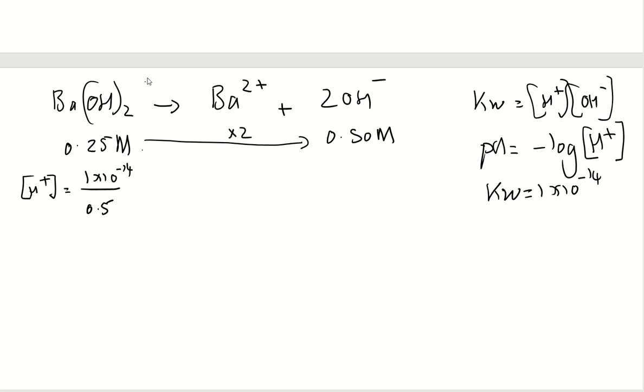So 1 times 10 to the minus 14 divided by 0.5 gives me 2 times 10 to the minus 14. Remember, that's my hydrogen ion concentration, and to turn that into pH, I simply minus the log of that, which gives me 13.7. And again, that's in and around where I would expect my answer to be.